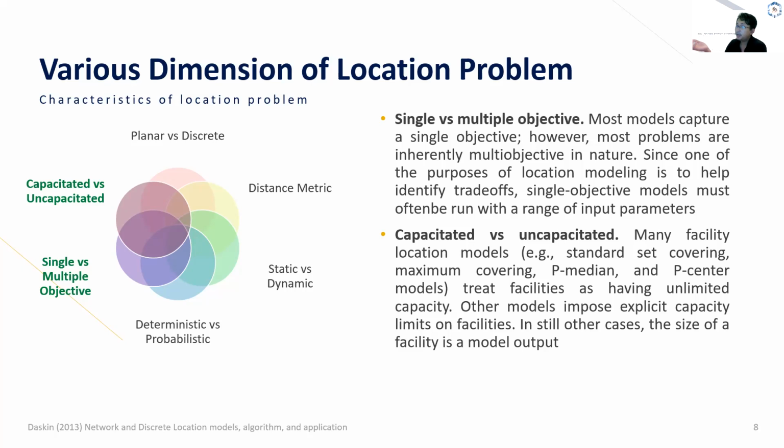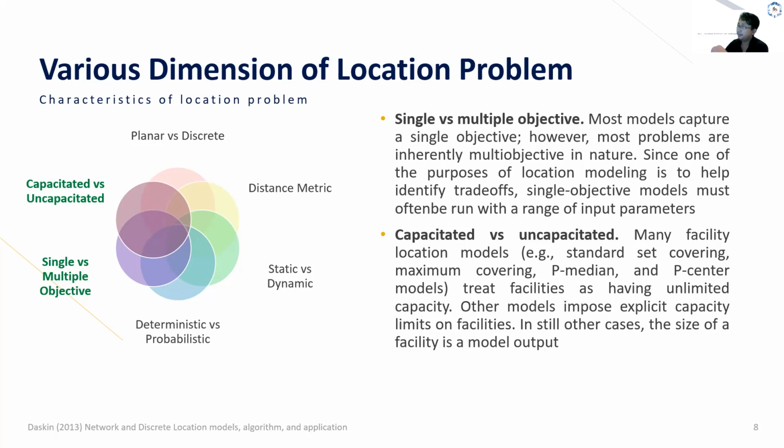But if you have more than one objective that is being traded off with each other. For example, I want to maximize the demand being served, so you need to allocate many facilities, right? The more facilities, the more demand you can get. That's one logical explanation, but it depends actually. But let's say it's like that.